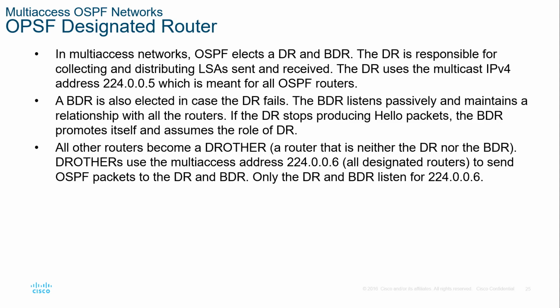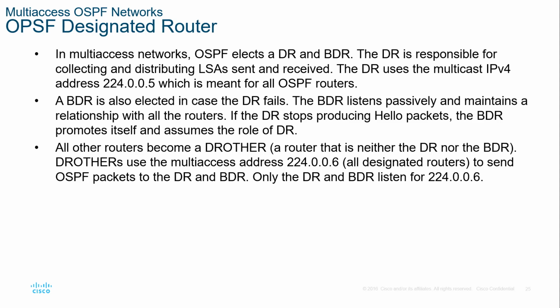Again, the DR is responsible for collecting and distributing LSAs sent and received. The DR will use a multicast IPv4 address, 224.0.0.5, which is basically a clever way of saying all OSPF routers on that network.